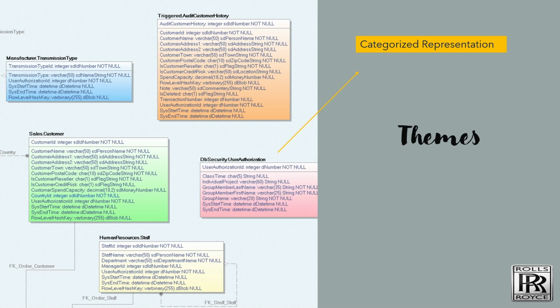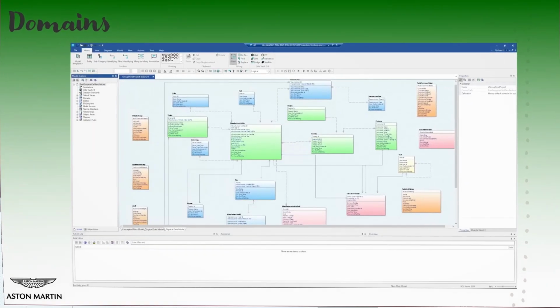For blue, we have the description where we have the transmission type, and then we have orange for triggered and customer history trigger table, and then we have green for the sales customer, and then we have pink for interval or moment of time, which is our user authorization, and then we have yellow for the role, which is the human resource staff who are working to make the car, and that is the visual of our model for the colors we have used for the themes.